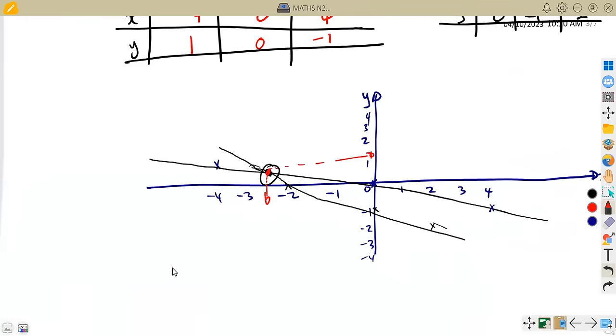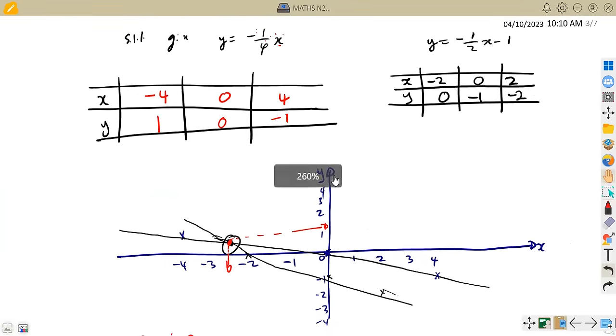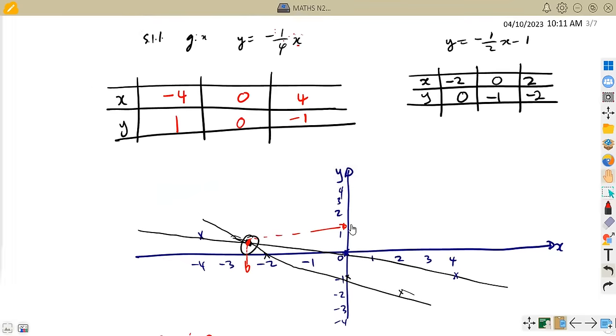According to me, this point of intersection was at -4, 1. x was at -4, and y is 1. It's only that on this graph, it's not clear, because this is just a sketch, but you're supposed to draw an accurate graph. As for me, I'm not having that graph paper so that I can actually show you the points, but those are the major points that you're supposed to have on your graph.